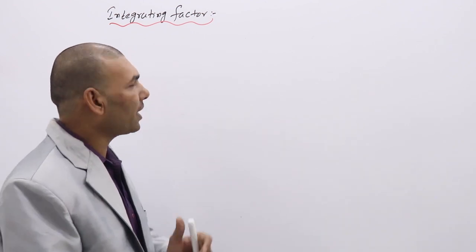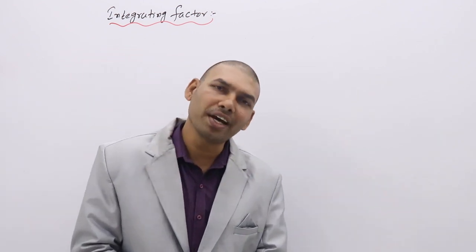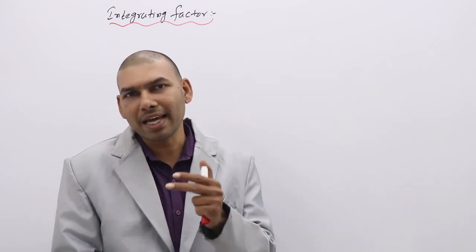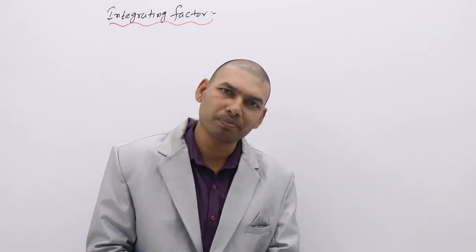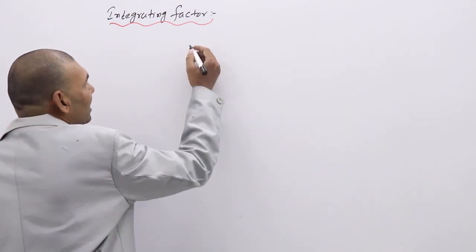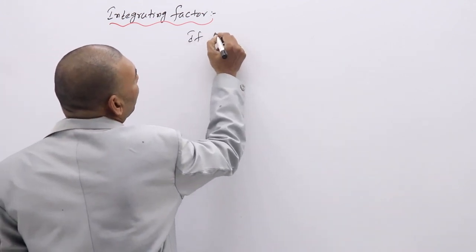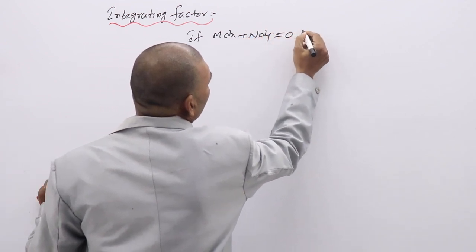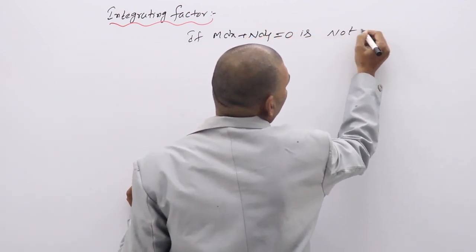So we generally use the integrating factor whenever ∂M/∂y is not equal to ∂N/∂x. There we think about the integrating factor. So here the case is, if M dx plus N dy equal to 0 is not exact.